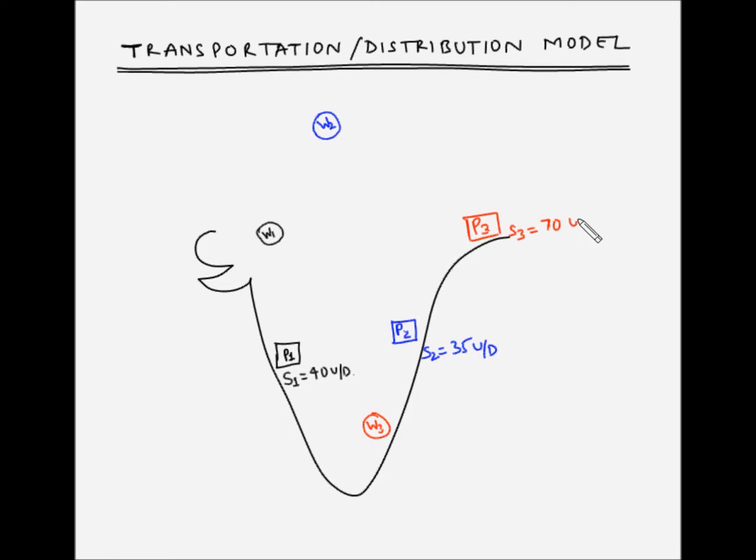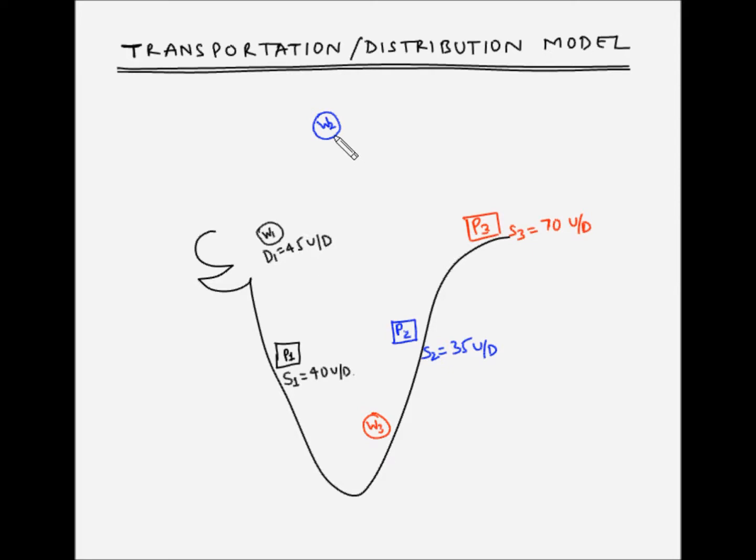70 units per day. Now each of these warehouses is also assessing the demand in their respective areas. This demand could be because of the industries in these respective areas who need these industrial fans. So let's say the demand at warehouse W1 is 45 units per day.